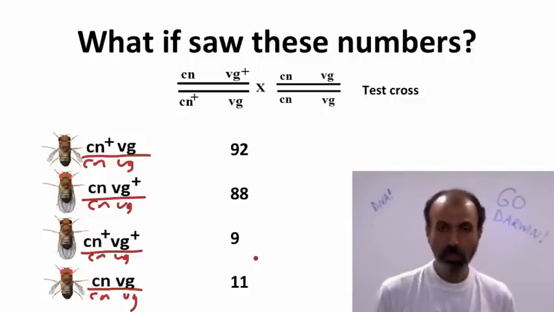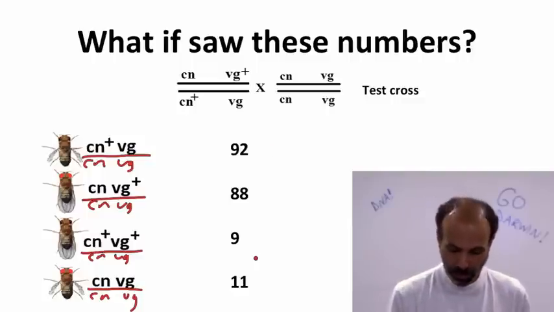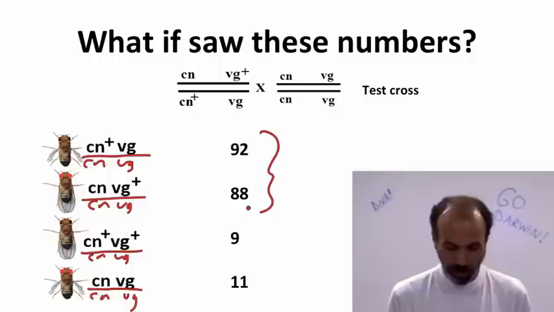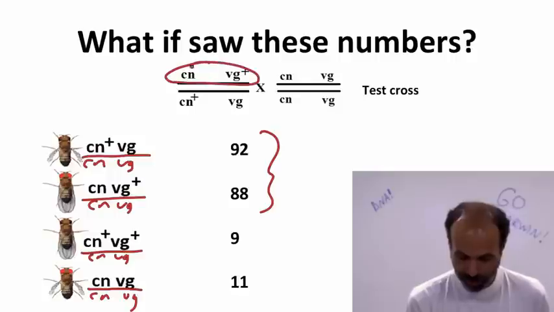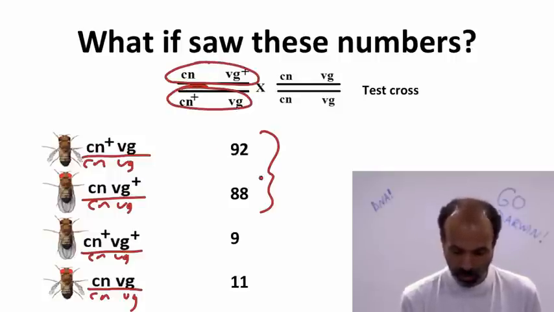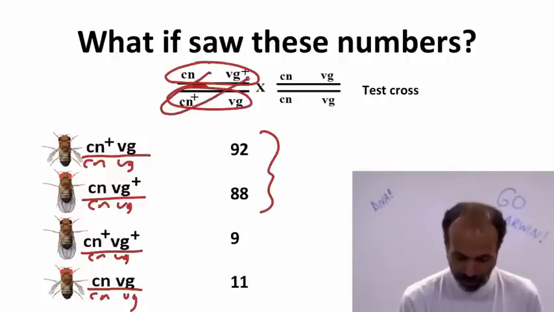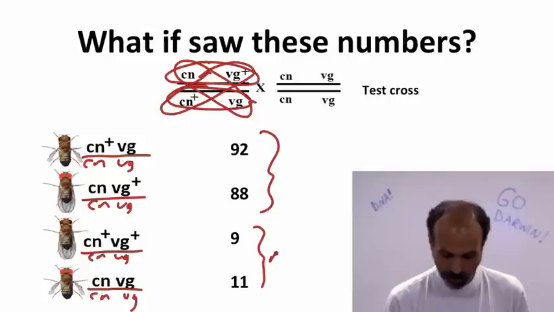Let's say you got these numbers. What does this tell you? Well, these are all the parental types. These are the ones that match. Basically, they got this gamete from their mom or they got this gamete from their mom. So these are parentals. These lower ones here are recombinant because they had to get either this form or that form from mom. So these are the recombinants, these are the parentals.